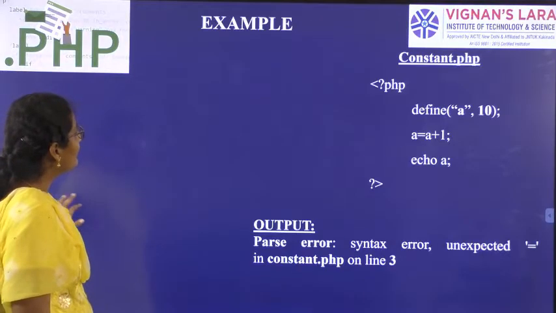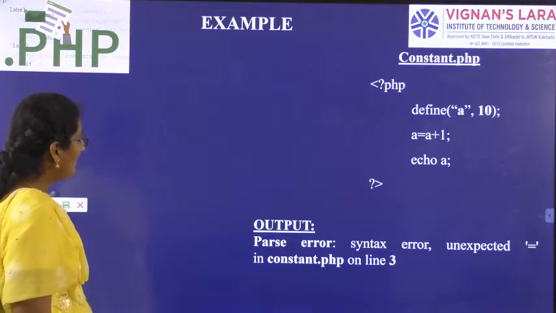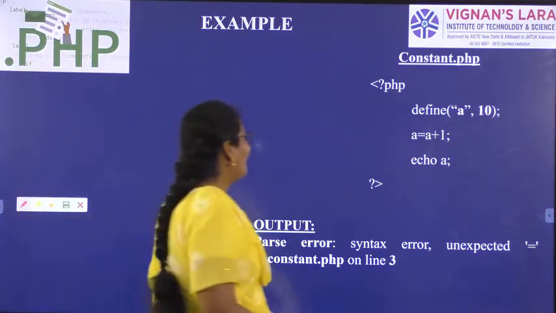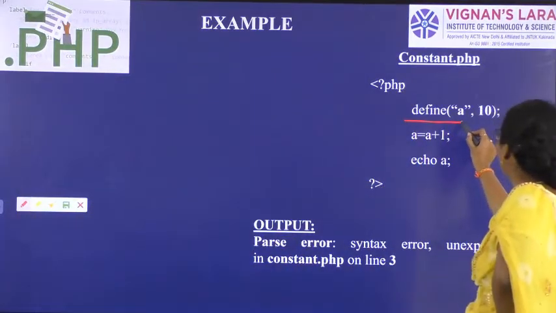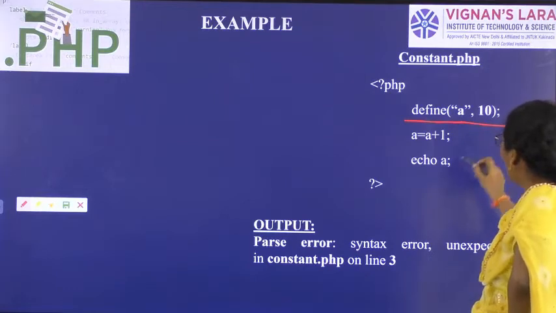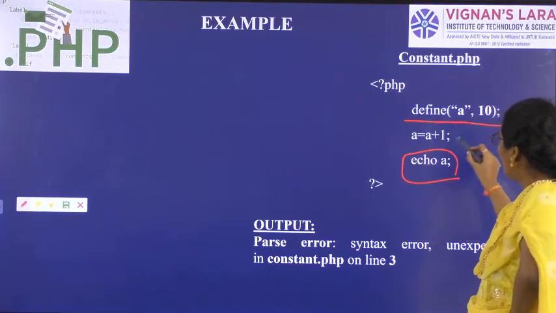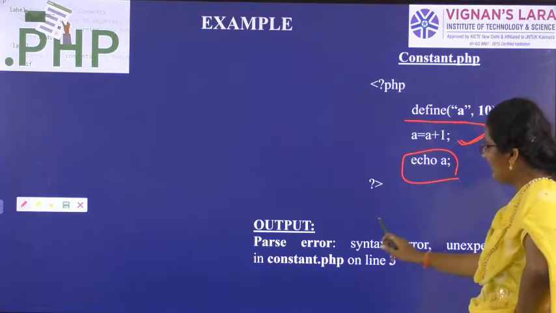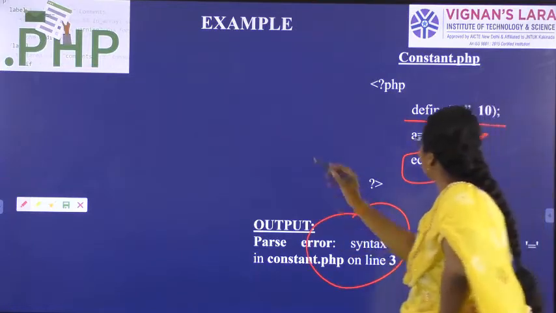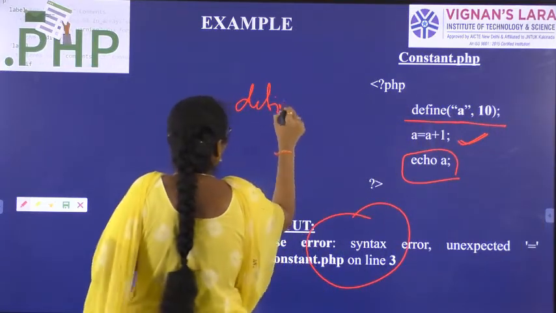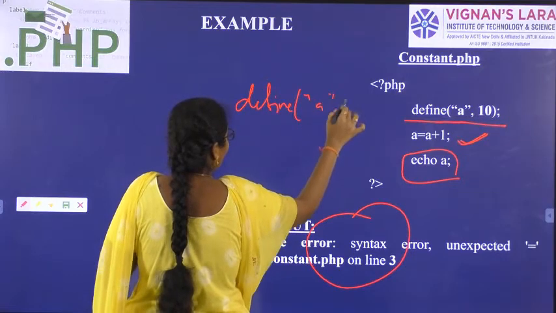So let us see the example. I have defined constant a with value 10 and I want to print that a, but I incremented the value, that's why I got the error. So I have defined constant a with the value 10.